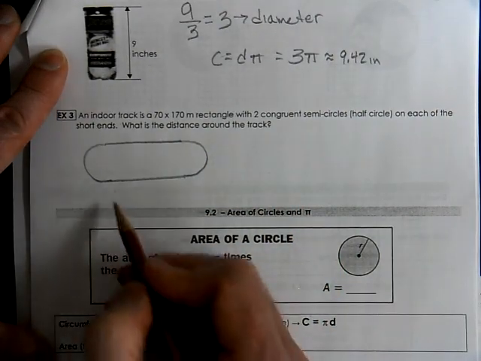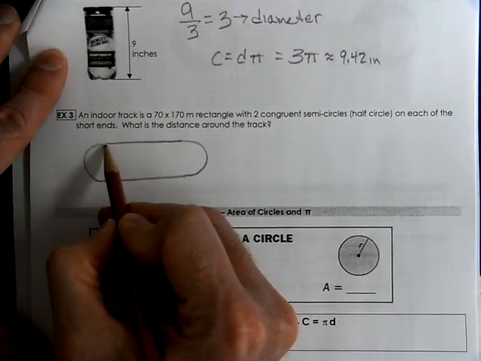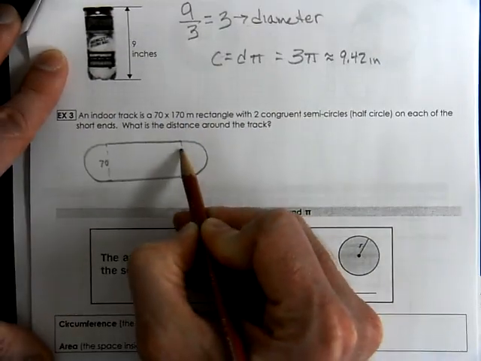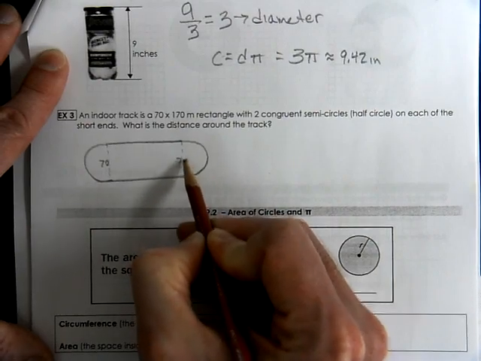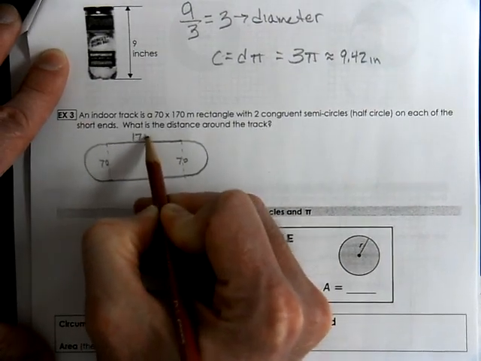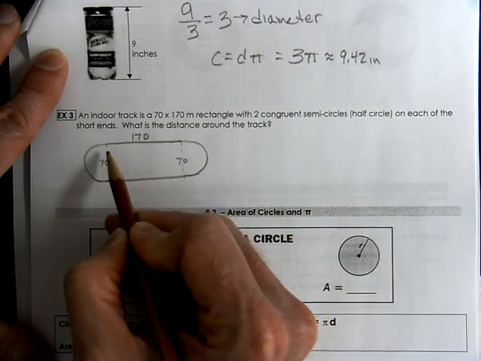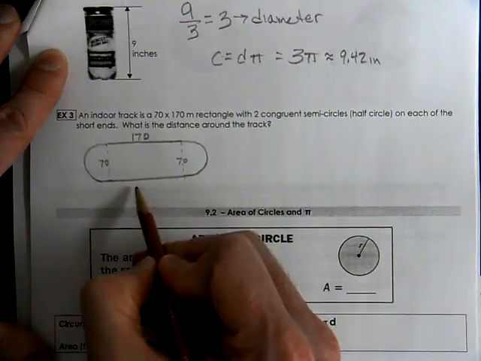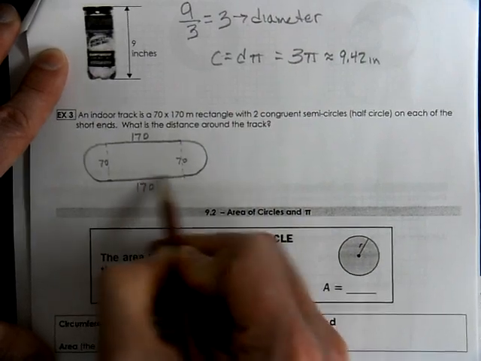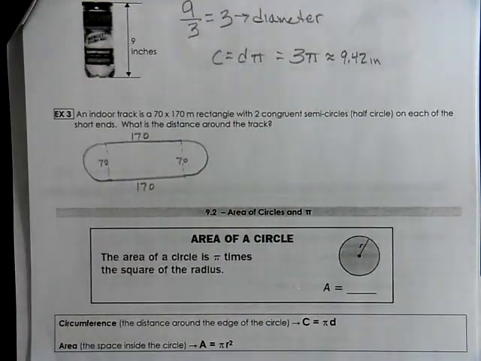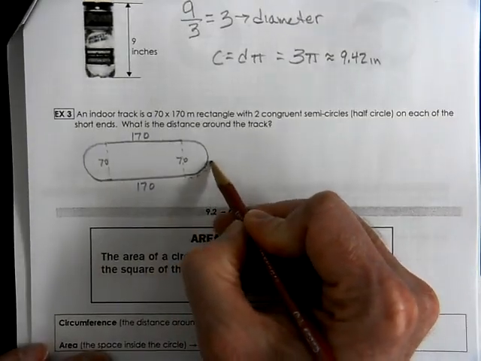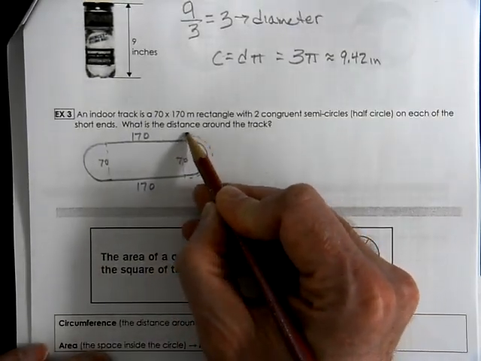So there's our track. The track has a 70 and 170 size of a rectangle. 70 by 170, that means it's 170 on this side also. The number that we don't know is the distance around half of our circle.